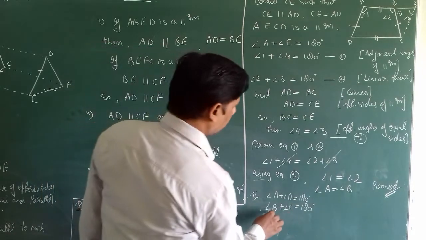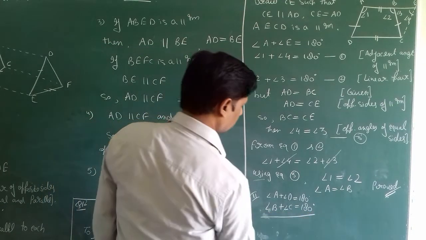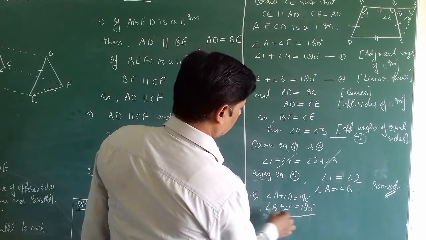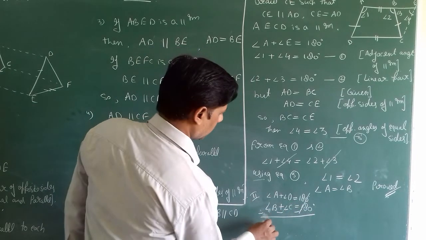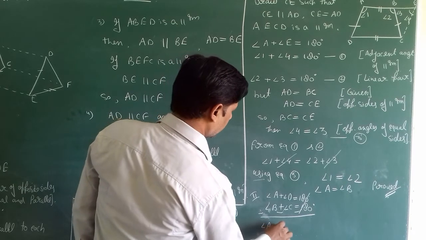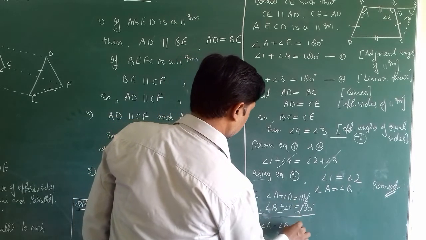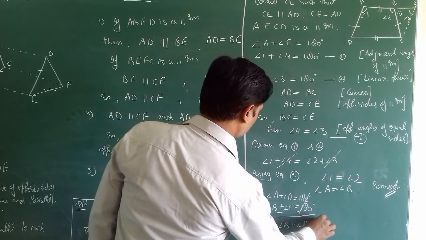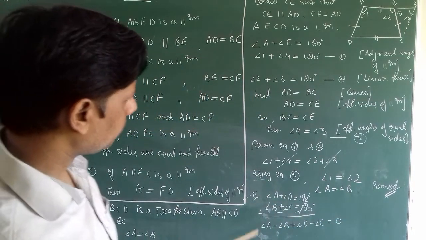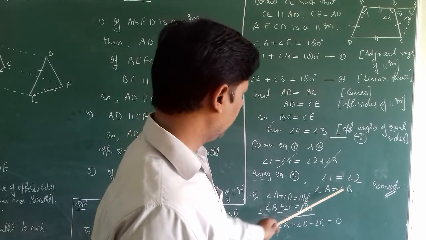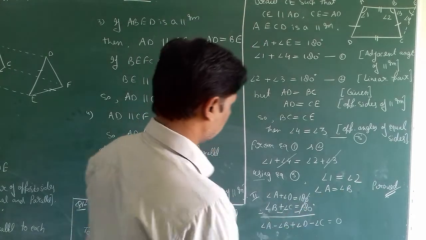Right? When we subtract these, 180 and 180 cancel. We have angle A minus angle B plus angle D minus angle C is equal to 0. Right? So angle A is equal to angle B. Both of these are equal to each other.